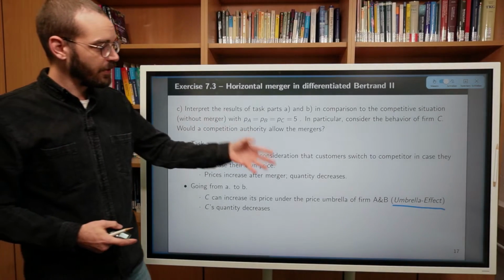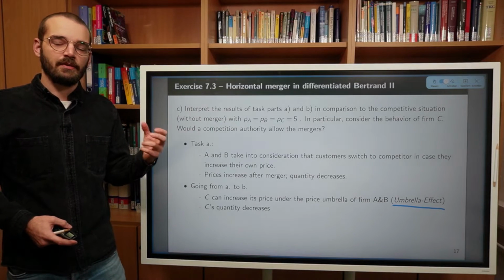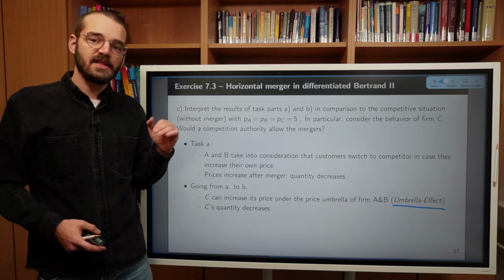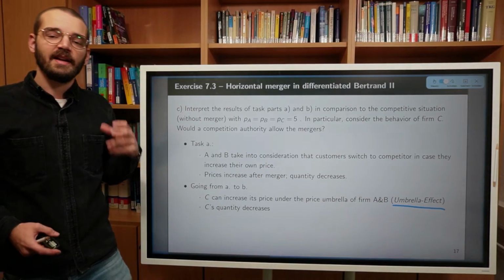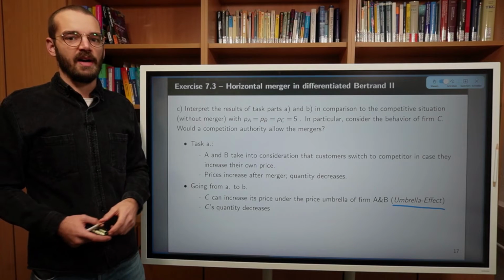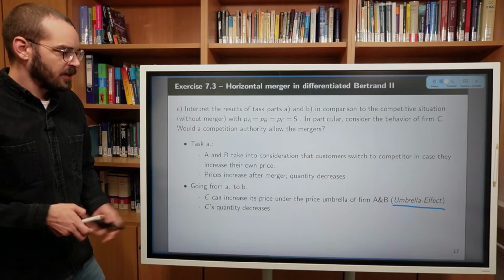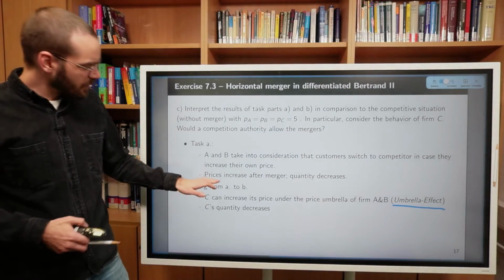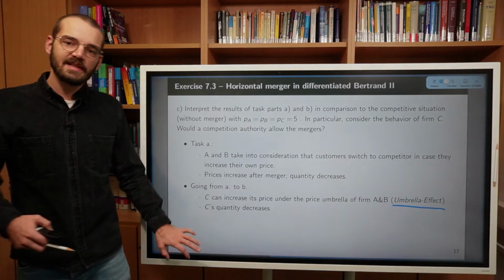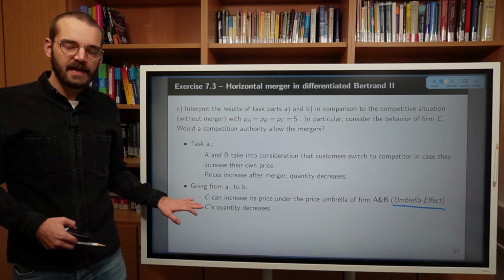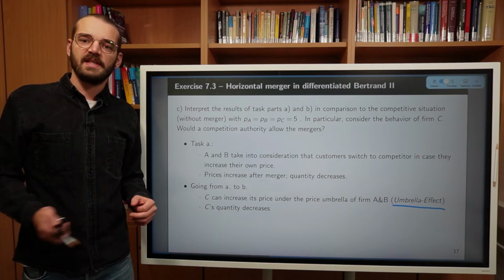So these merging firms can now set a higher price, and the umbrella effect then refers to the fact that under these conditions, a non-participating firm, in our case firm C, can also increase its price under the umbrella of the merging firms, so to speak. So we see not only increasing prices and decreasing quantities for the merging firms, but instead we see a price increase and quantity decrease for the non-participating firm C as well.